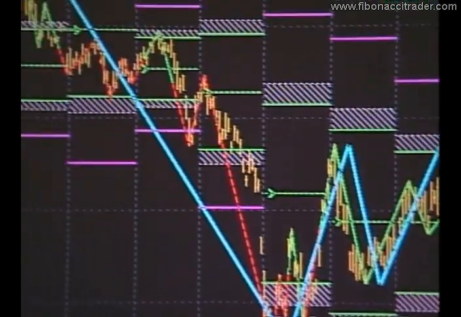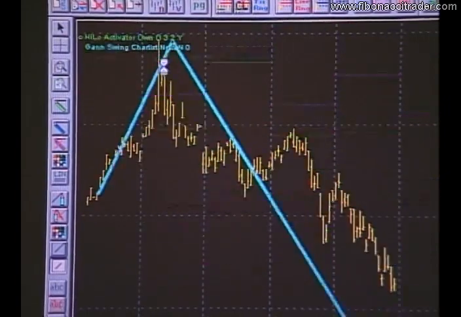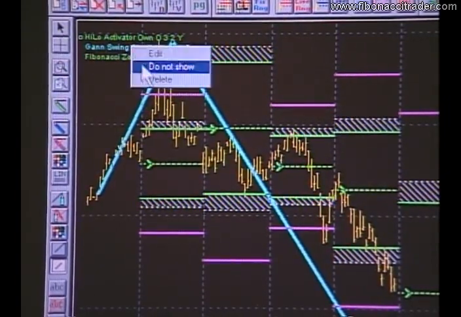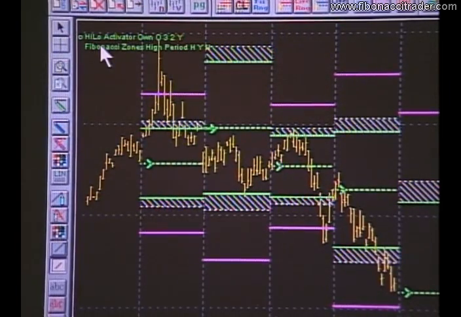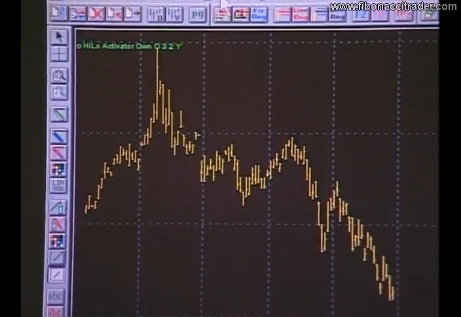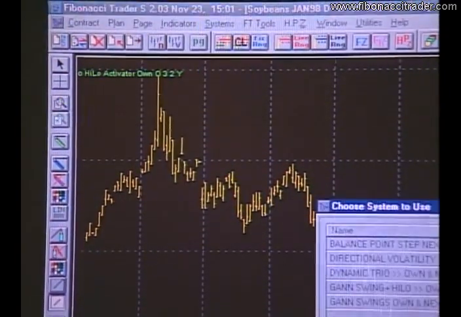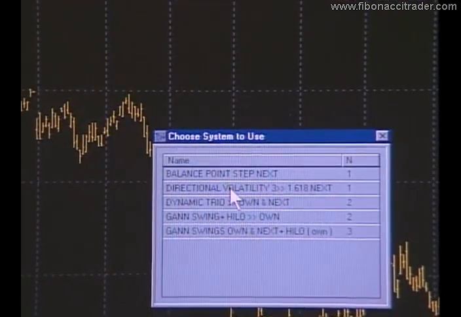If we take these guys off, and if we go, I mean, I've already got it set in my system, use directional volatility.